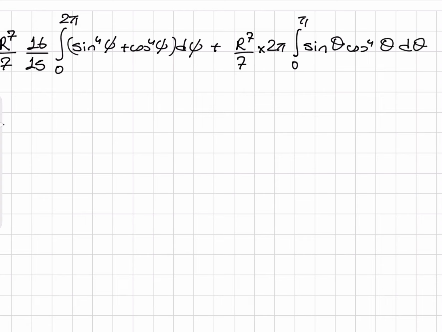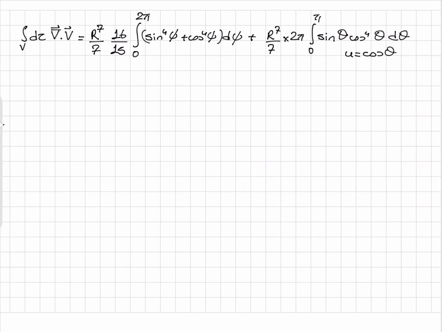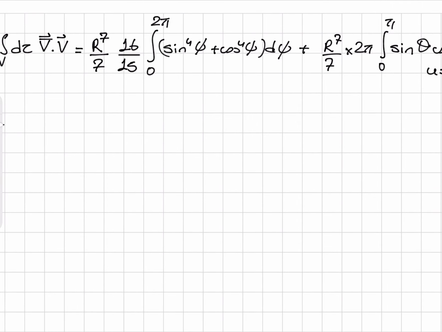And here I'm going to call u is equal to cosine theta again to perform this integral. All right, so here I have 16 capital R to 7 divided by 105. The integral from 0 to 2 pi.